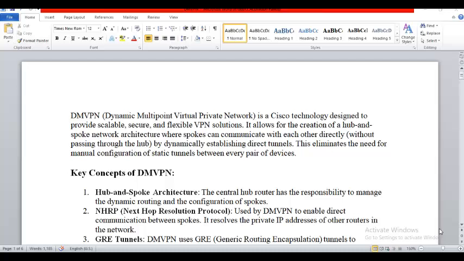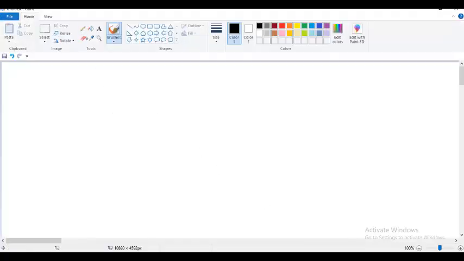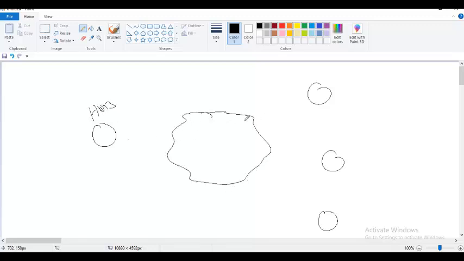Simply, GRE is a point-to-point. For example, if I need to form tunnel between the three sites from the hub, with GRE, you need to form three tunnels.